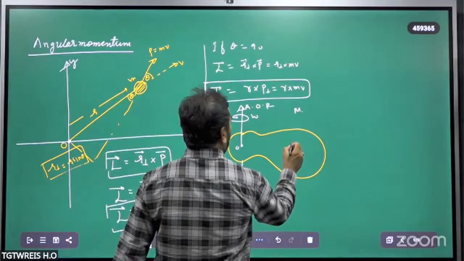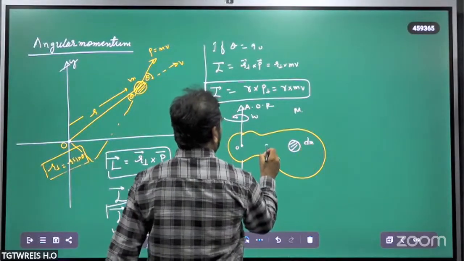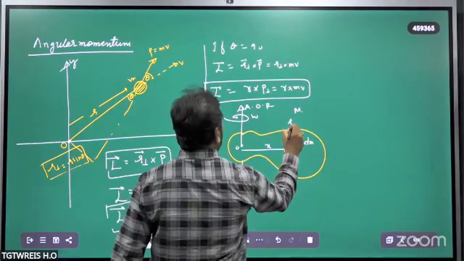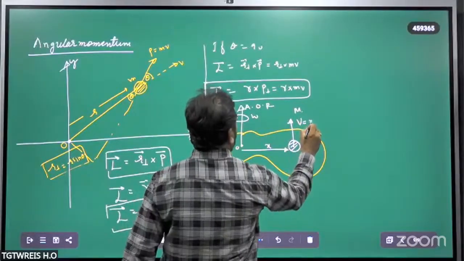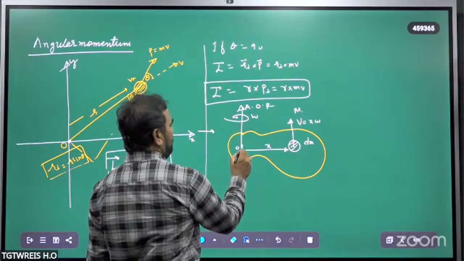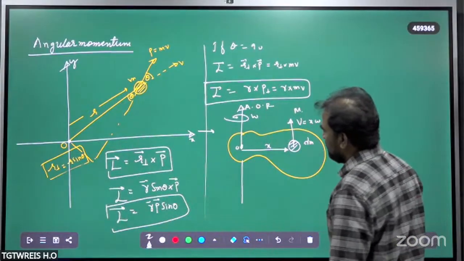Let there be a small elemental part dm, which is at a distance of x from this axis of rotation and moving with velocity v is equal to x into omega. So the angular momentum about this point O is given by dL.